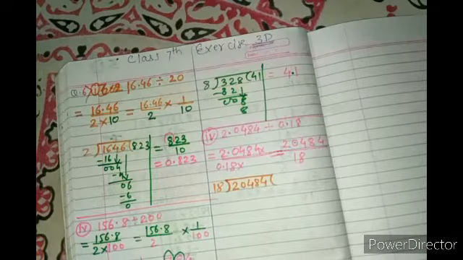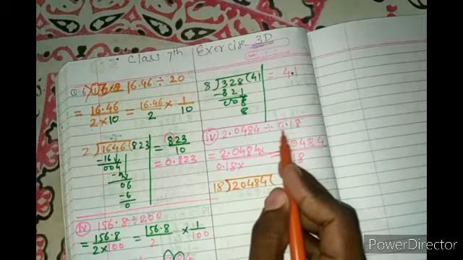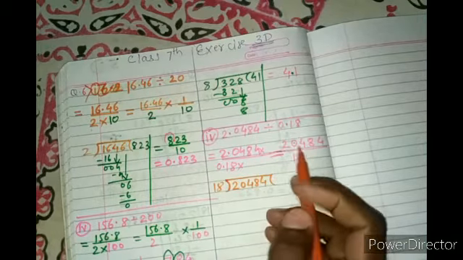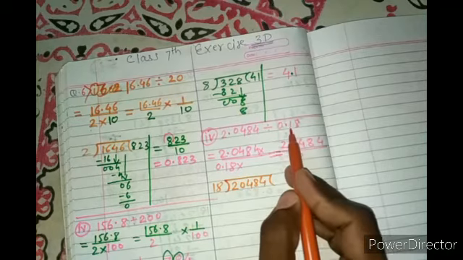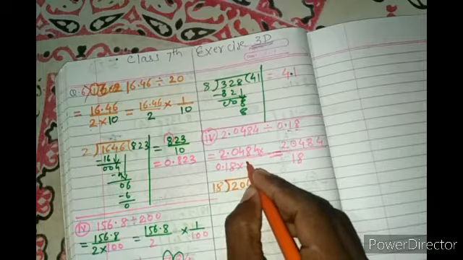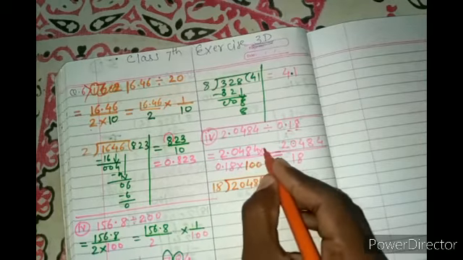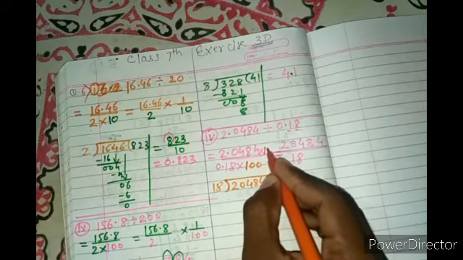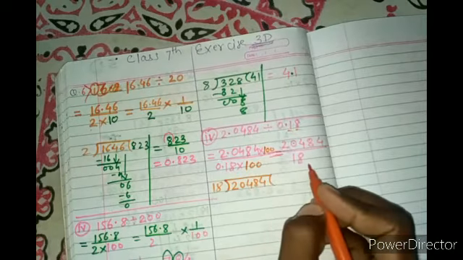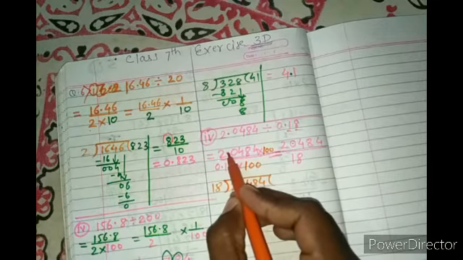In the fourth problem of question number 7, 2.0484 divided by 0.18. See the divisor, how many digits after the decimal point? 1, 2. So here I will multiply by 100. We have to do the same with the numerator. What is the effect of 100 on this decimal point?